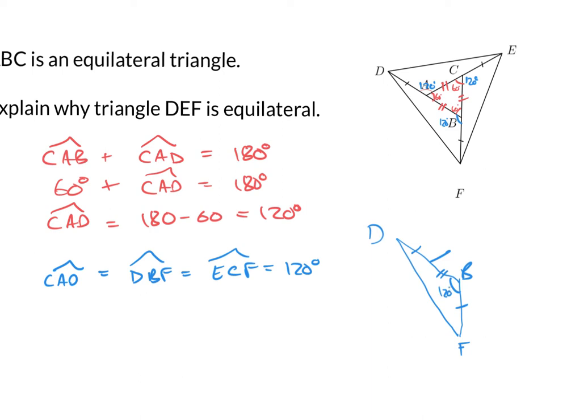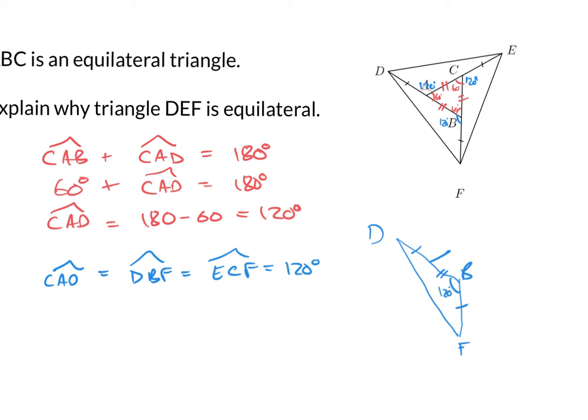Well, if you look at my triangles, what I've actually got here is I have three triangles here. This one, and this one. And this length here is made up of a single dash and a double dash line. This one here is made up of a single dash and a double dash, and this is made up of a single dash and a double dash. So these lengths are all equal.